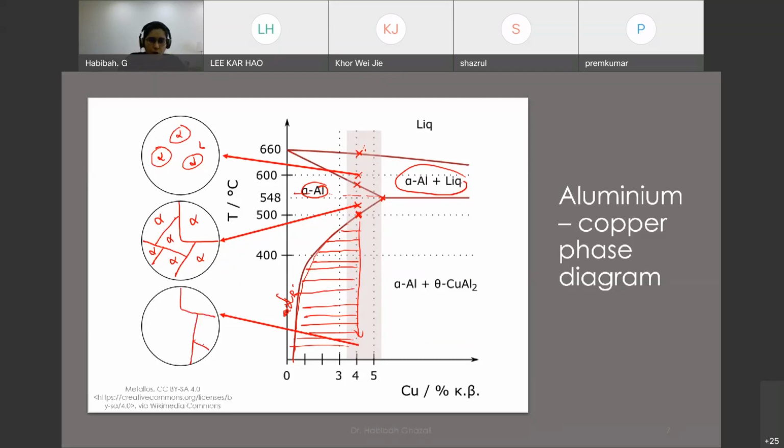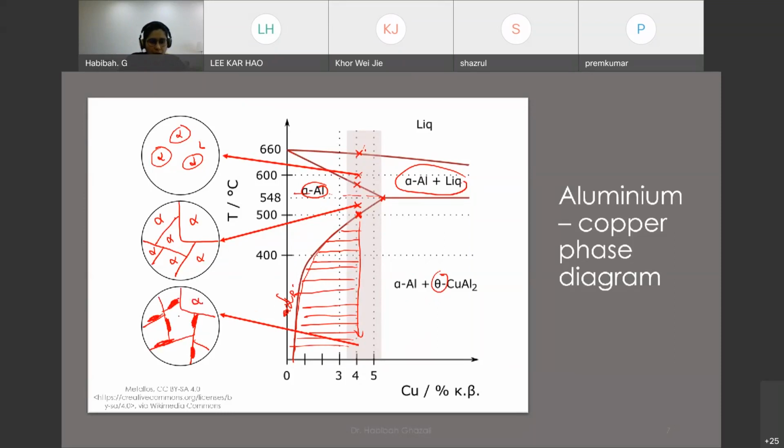But copper will not precipitate out by itself. Some of the aluminum will precipitate out as well, so we will have beta, or in this case theta, another compound that precipitates out.